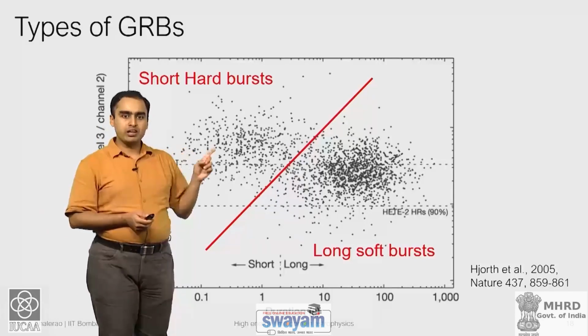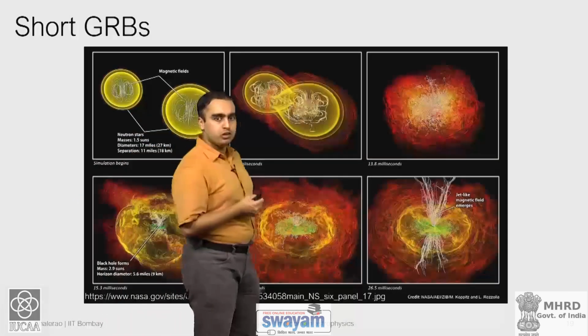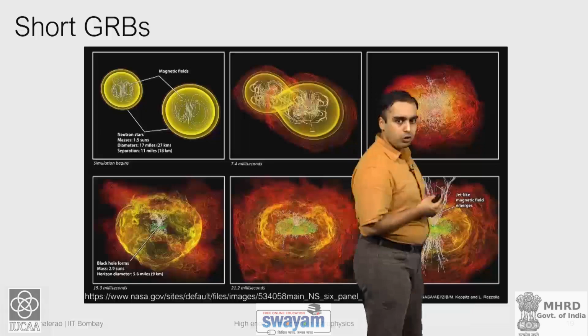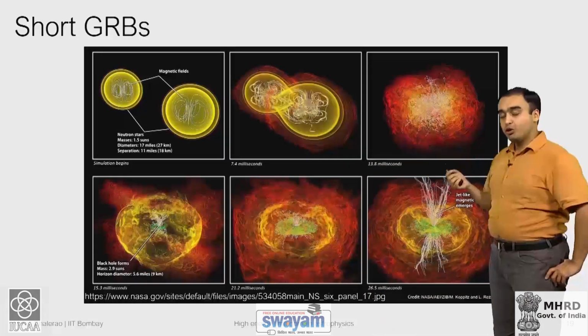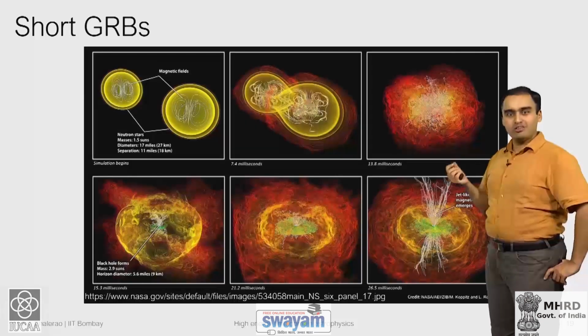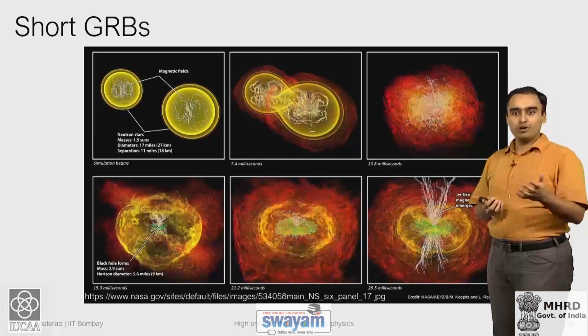But what about the second category of bursts over here? These we believe come from mergers of two neutron stars. What is shown here are snapshots from a GR-MHD simulation, a numerical simulation that involves general relativity and magnetohydrodynamics.